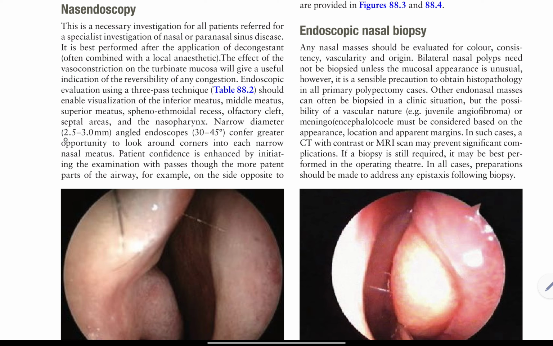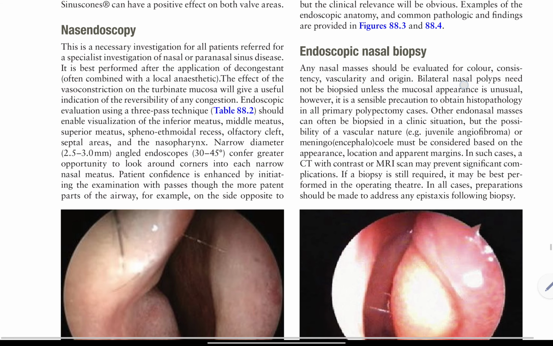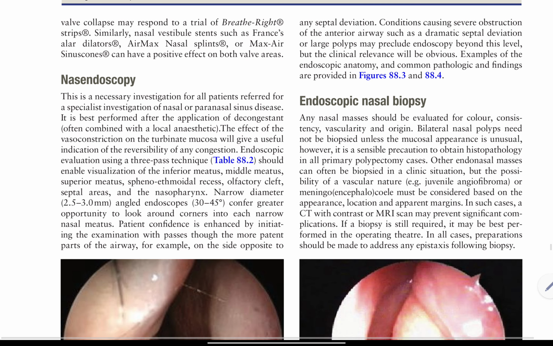Narrow diameter, 2.5 to 3 millimeter angled scopes, 30 degree to 45 degree, confer greater opportunity to look around corners into each narrow nasal meatus. Patient confidence is enhanced by initiating the examination with passes through the more patent parts of the airway, for example, on the side opposite to any septal deviation.